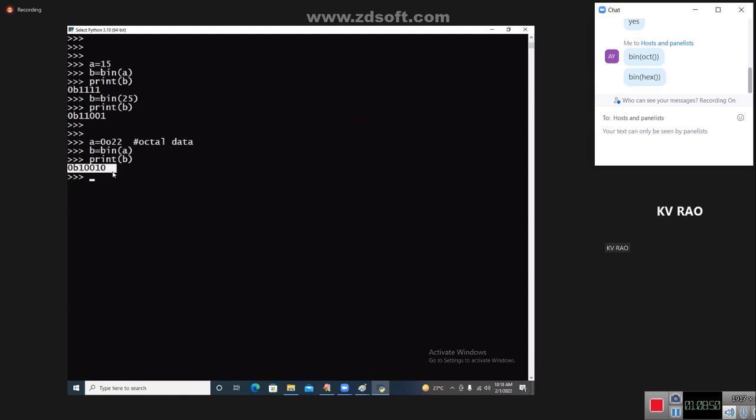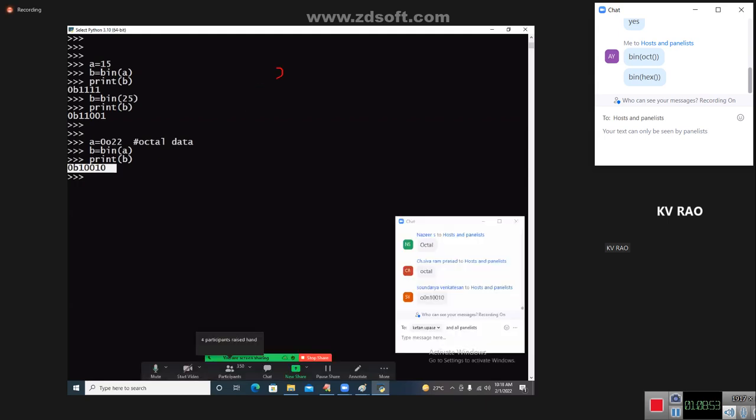Suppose you don't know that conversion mathematically, what do you do? Convert into the decimal number system first. 8 to the power of 0, 8 to the power of 1, you say. 8 into 2 is 16, plus 8 into 2 is 2. That is 18. This is the decimal number system.